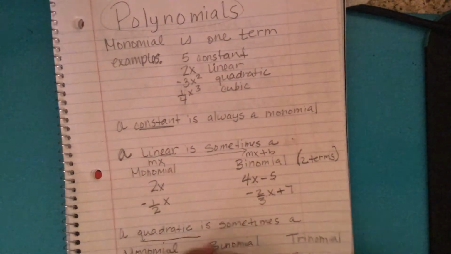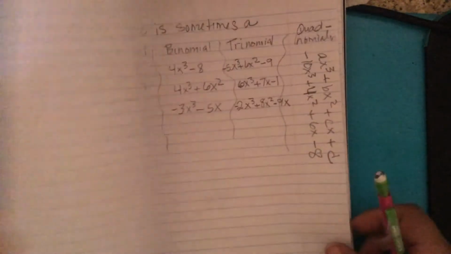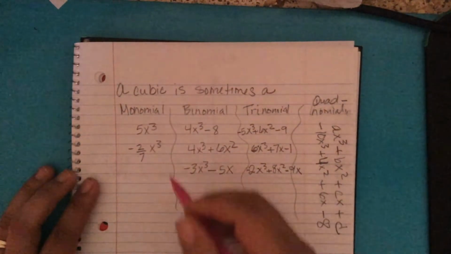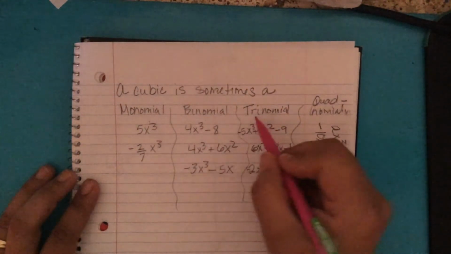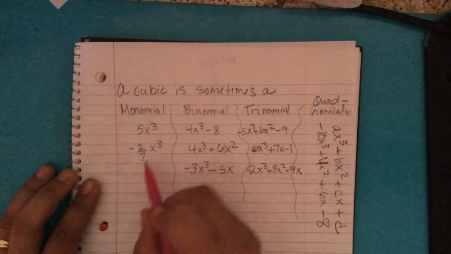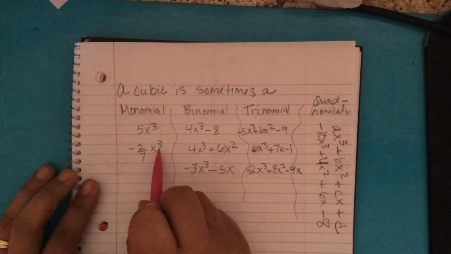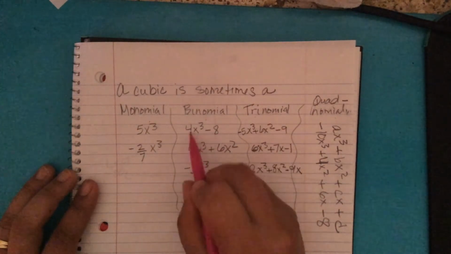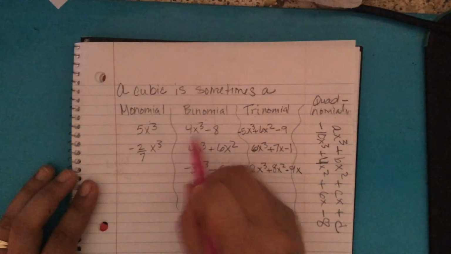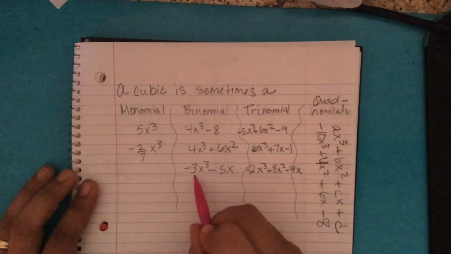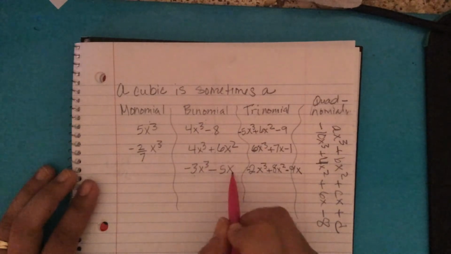Then, if I can turn the page here, a cubic is sometimes a monomial, a binomial, a trinomial, or a quadnomial. You could see it as 5x cubed or negative 2/7 x cubed. A binomial that's a cubic would have two terms, like 4x cubed minus 8, or 4x cubed plus 6x squared, or negative 3x cubed minus 5x.